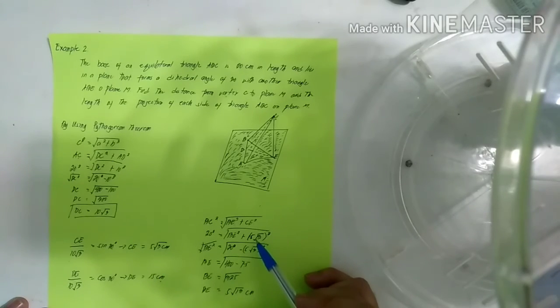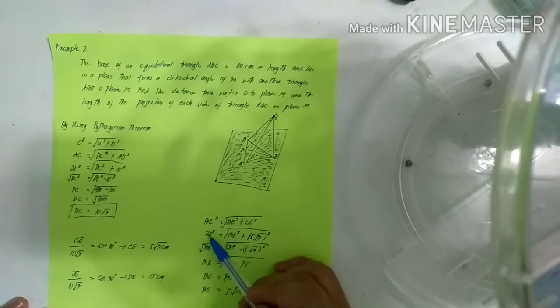So we are going to transpose it. So BE squared is equal to 20 squared minus 5 square root of 3 squared. Then i-cancel out natin to para ang matira lang is BE.